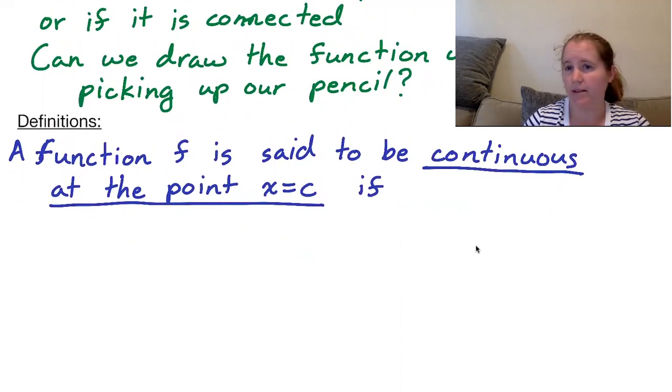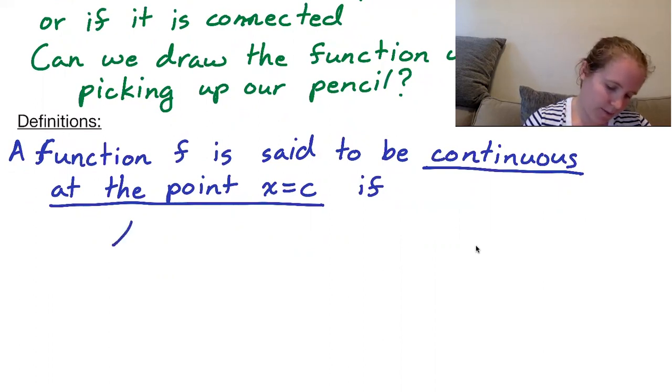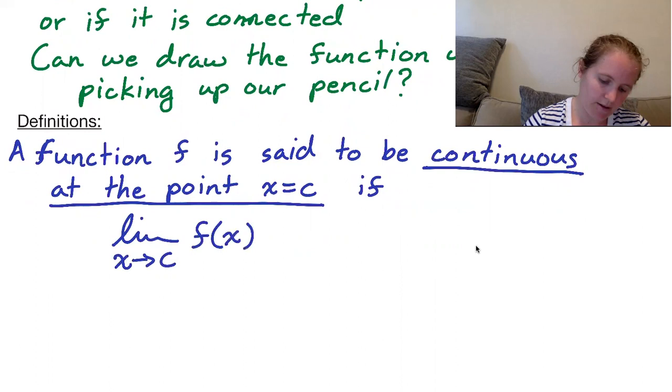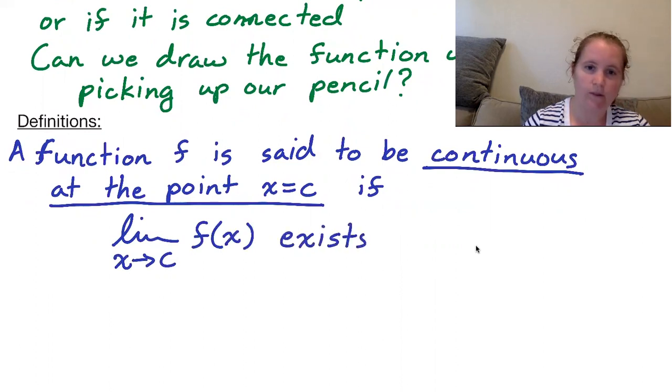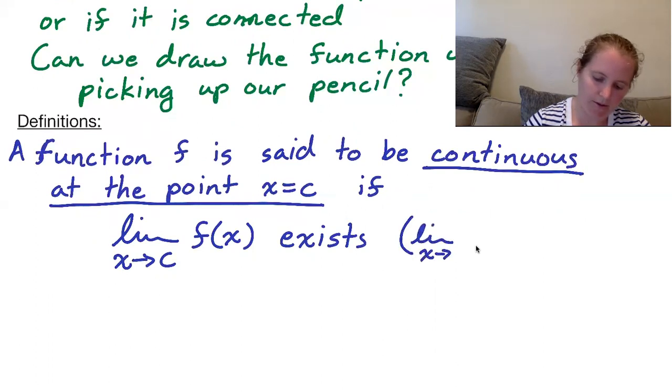So if the limit exists, meaning if the left and right side limits are equal. So if the limit as x approaches c of f of x exists, right? Namely the limit as x approaches c from the left is equal to the limit as x approaches c from the right.